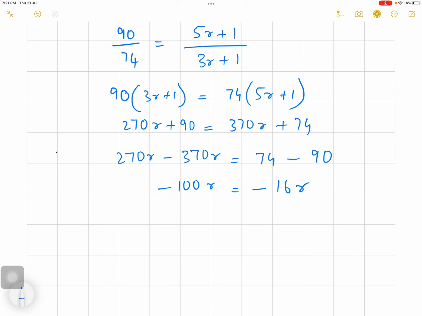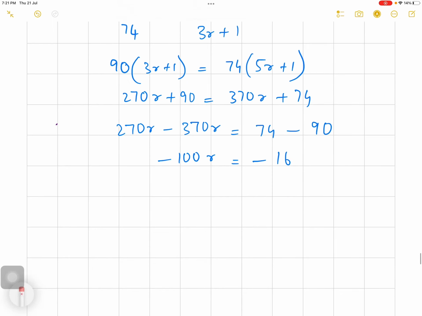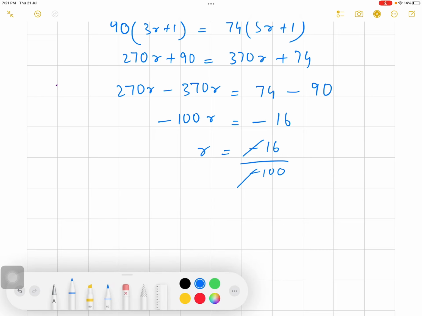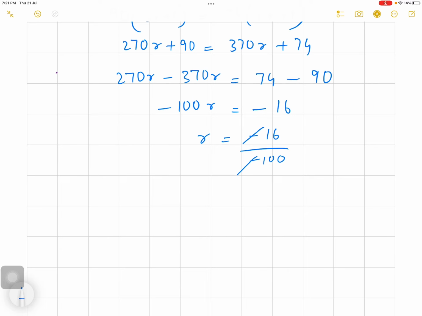So minus minus cancel, and R is equal to minus 16 upon minus 100, which becomes 16 divided by 100.